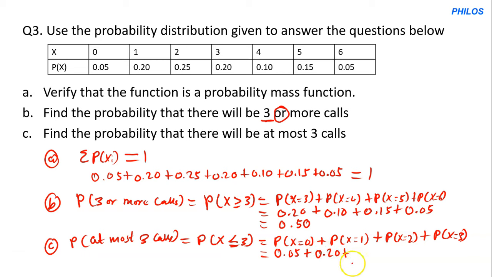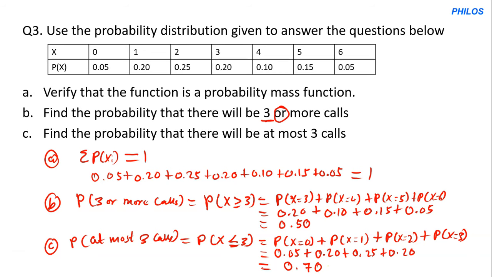Plus probability that x will be exactly 2 will be 0.25. Plus probability that x will be exactly 3 will be 0.20. So let's add them together. 0.05 plus 0.20 plus 0.25 will give us 0.5 plus 0.20, that's 0.70. So the answer is 0.70 or 0.7.